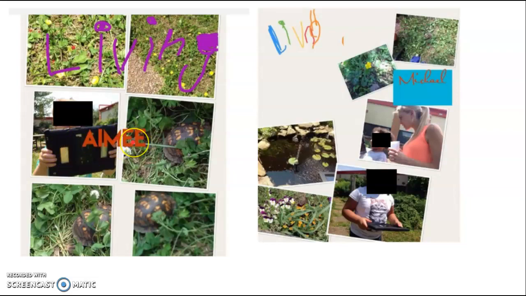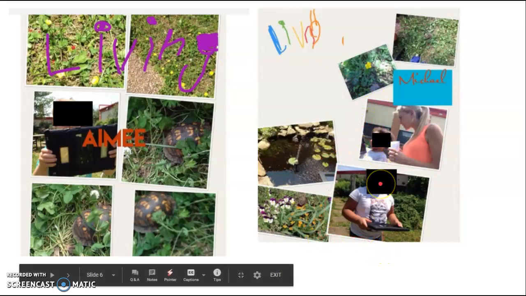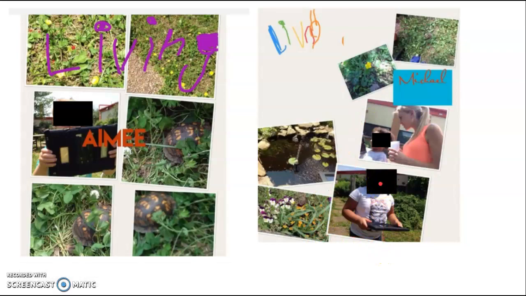They're writing their name, so they're using writing skills, and they're writing the word living, and then they can make another project for non-living. And then these are different living things that they saw, and they can record their voice to explain their learning and their thinking.